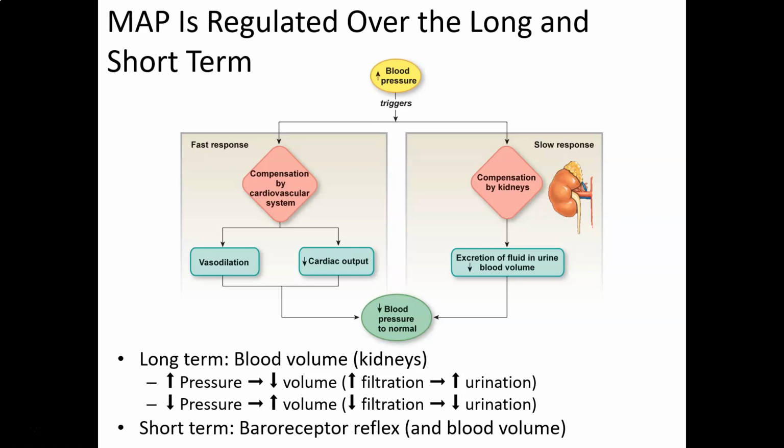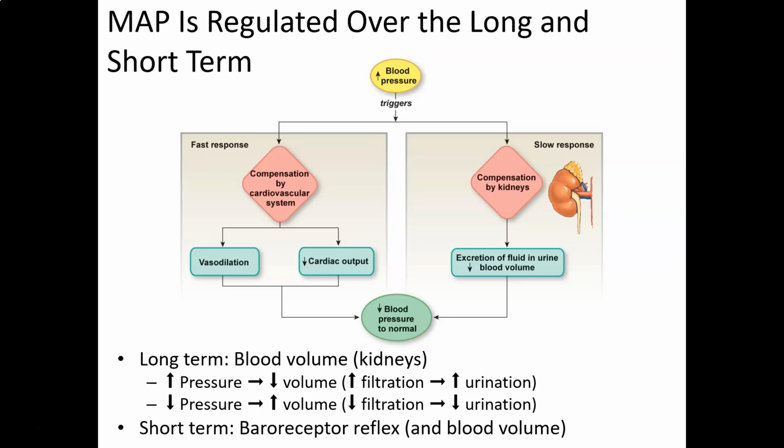The long-term regulation of mean arterial pressure is primarily accomplished by blood volume. It's pretty simple. If we have an increased blood volume, we increase blood pressure. If we have a decreased blood volume, we decrease blood pressure. As an example, one of the more common ways, especially up until recently, to treat high blood pressure, hypertension, was to give someone a diuretic.